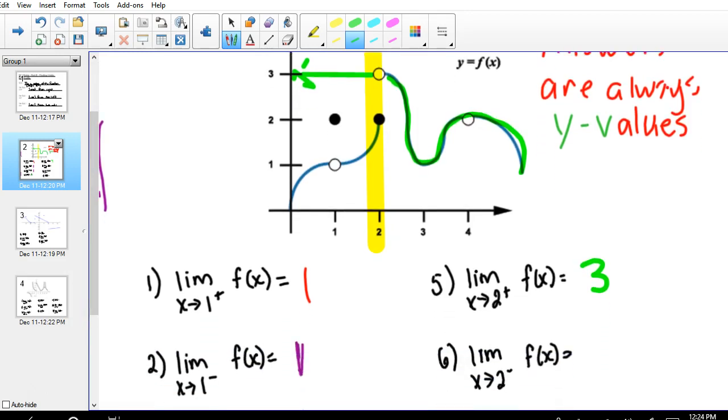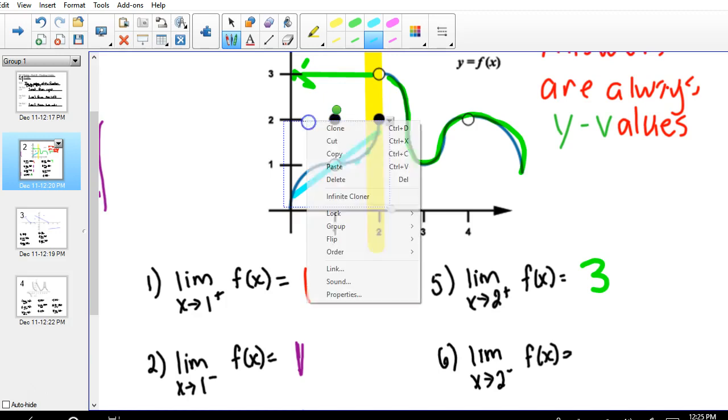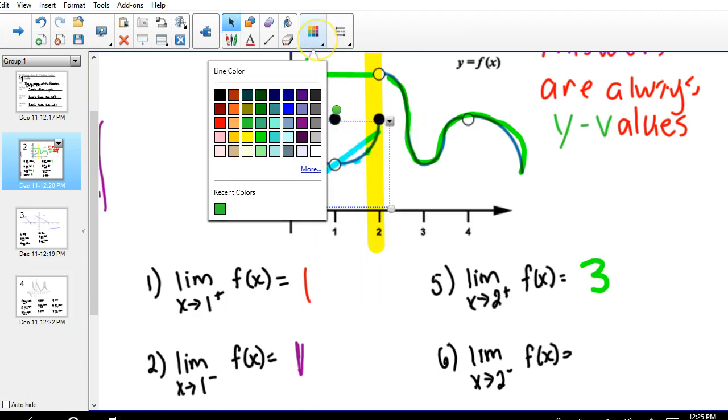All right, looking at the same point at 2, but coming from the left this time, as we approach from the left, what y value do we get closer and closer to? It won't let me highlight that. What is that y value? It is 2.